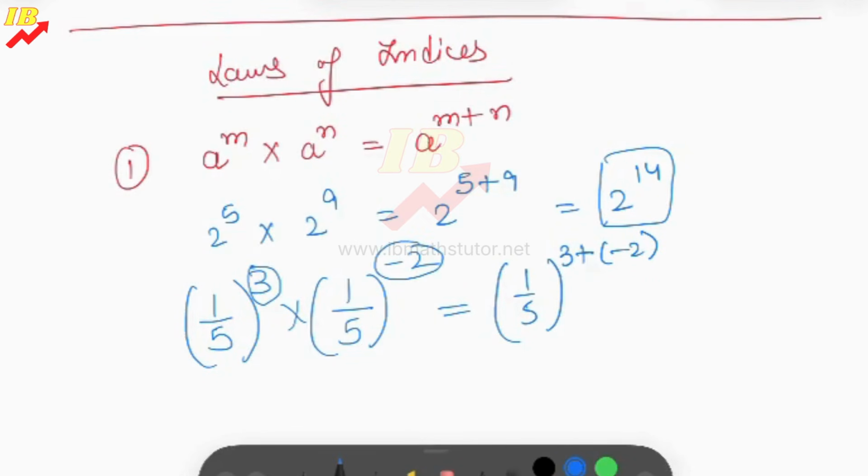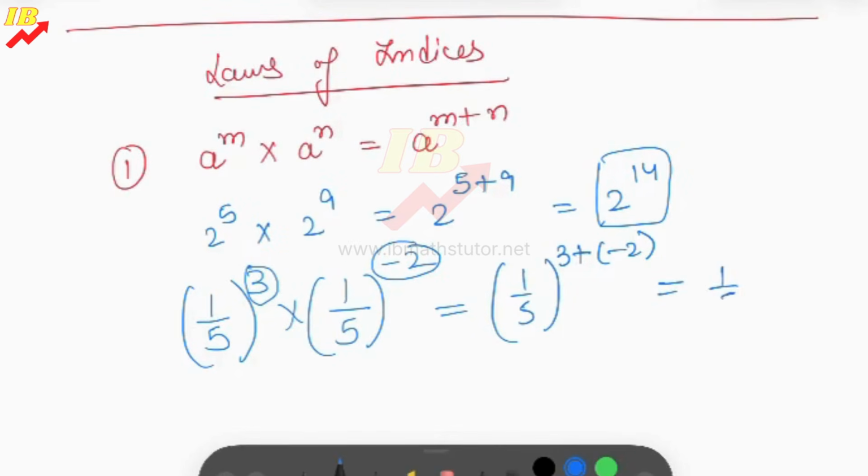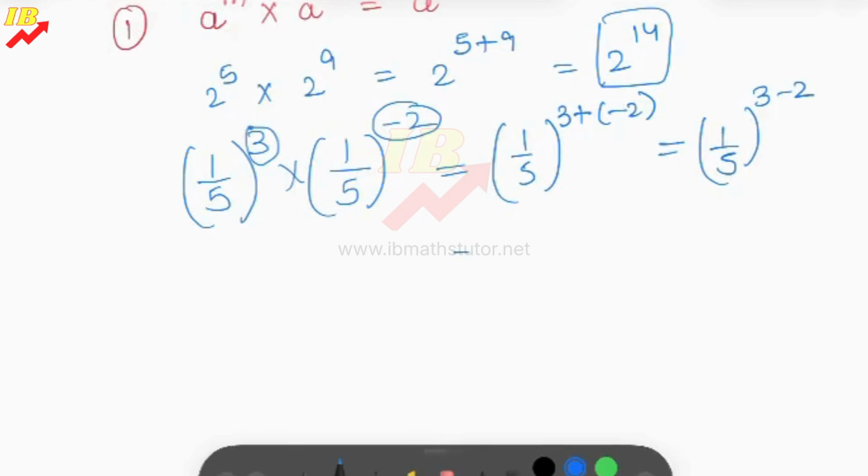So according to the law, I'm using it with an addition sign. So that means my answer is 1 over 5 to the power 3 minus 2, that makes it 1 over 5 to the power 1. So 1 is basically a single power, so we don't need to show it in the brackets. You can open it up and leave your answer here.